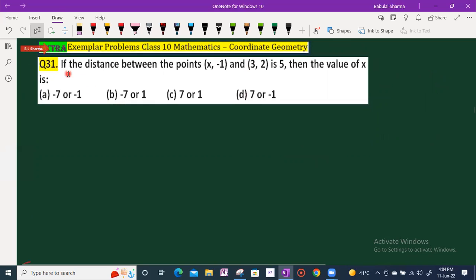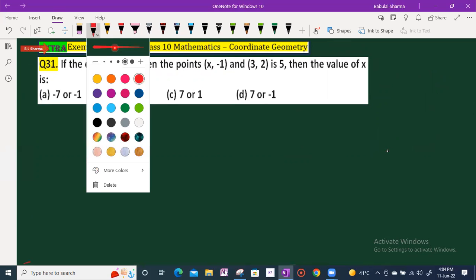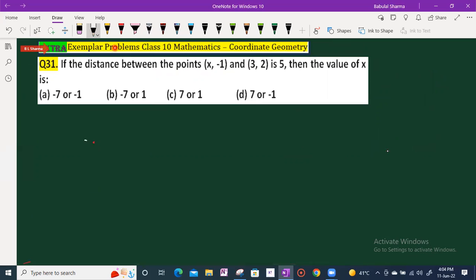Next question. If the distance between the points (x, minus 1) and (3, 2) is 5. Here, let the 2 points be here. One point is A with coordinate x, minus 1. This point is B with coordinate 3, 2. And the distance between them is given by 5.